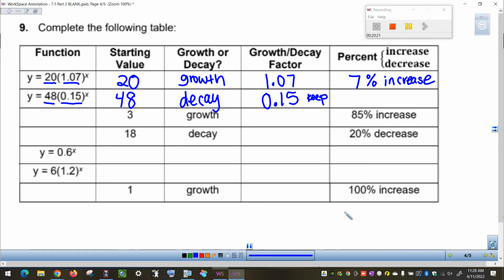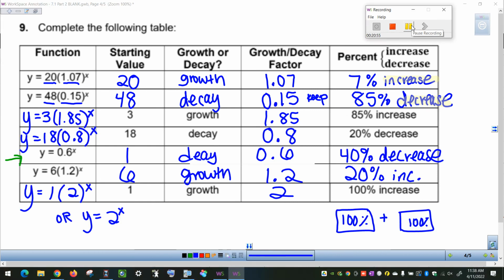So here we're keeping 15%. So to get our percent decrease, we need to think about what we're losing. So if we subtract 15% from 100%, we're losing 85%. So this is just what we talked about today, that 15% and that 85% are going to add up to 100%. When you're filling out this side of the table, make sure that you use the words increase or decrease, and that it's going to match with however we answered it being growth or decay.